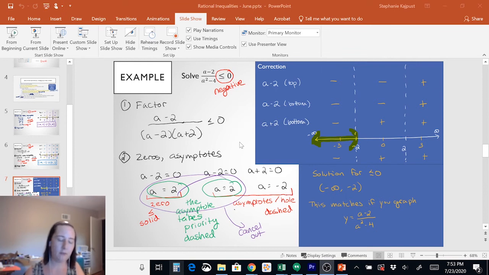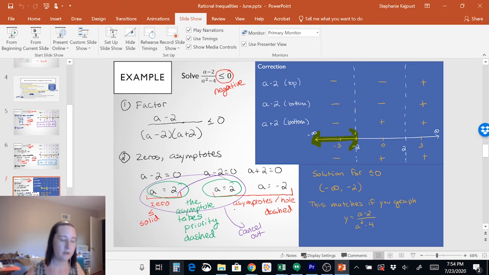And although it's a zero that you'd graph with a solid line because it's less than or equal to, it's also an asymptote, and if it's not included, that takes priority on the sign chart. So that's dashed. Holes are dashed, just like asymptotes are.